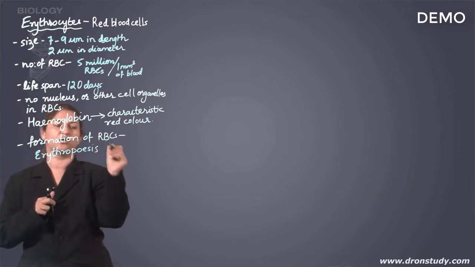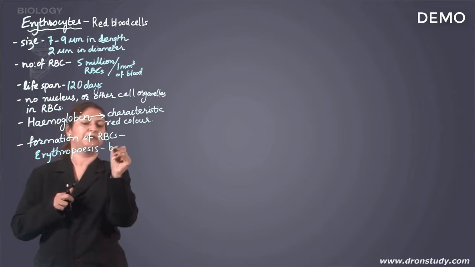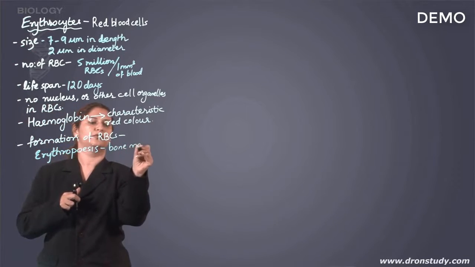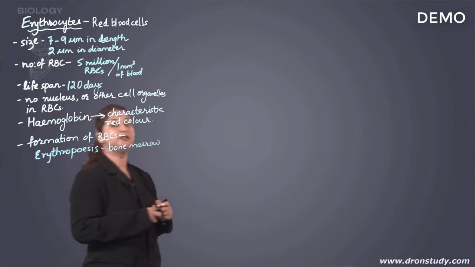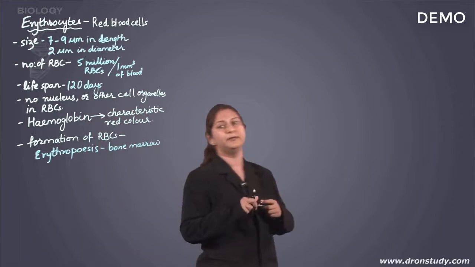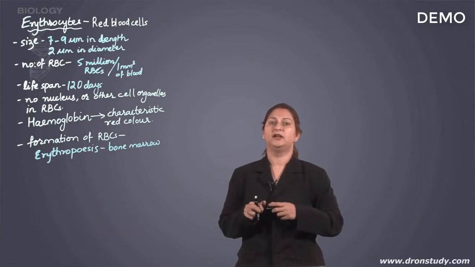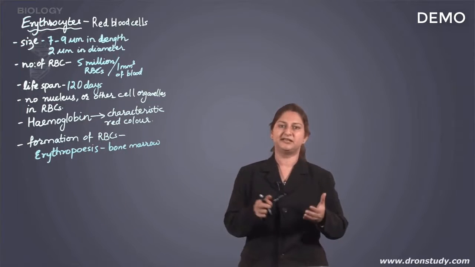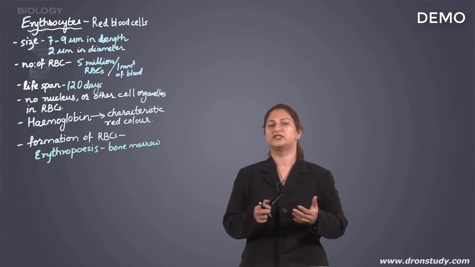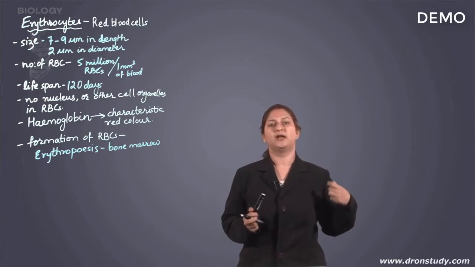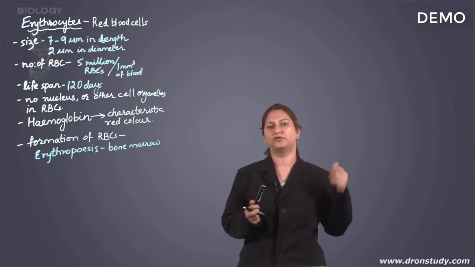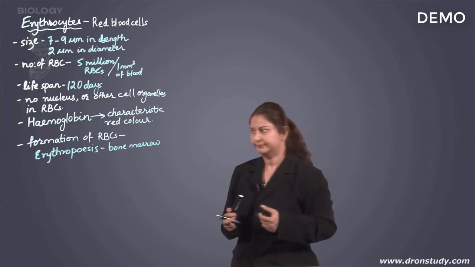It simply means formation of RBCs. It happens in bone marrow. Do you know where it happens in the fetus? The fetal blood is formed in the liver, but as the baby is delivered, the erythrocyte formation is taken over by the long bones, and the bone marrow of the long bones will take up this work.